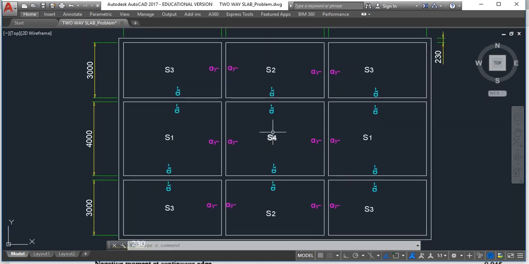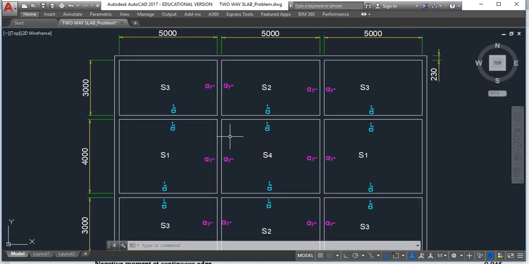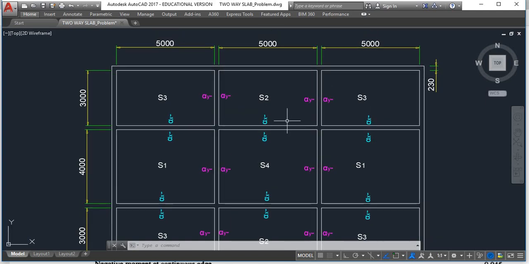Similarly, let's go to slab panel S4, which is having continuity in all directions. Now again we can check, Ly is the current plane direction x. If I say the long span is bending in sagging manner, then it will induce a negative bending moment at its continuous edges in short span.